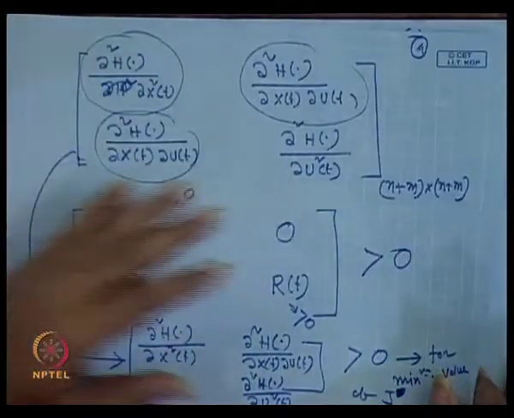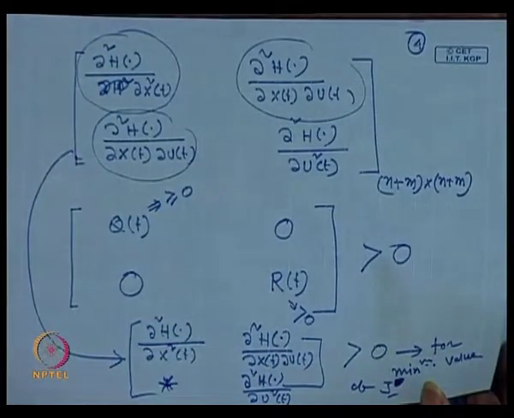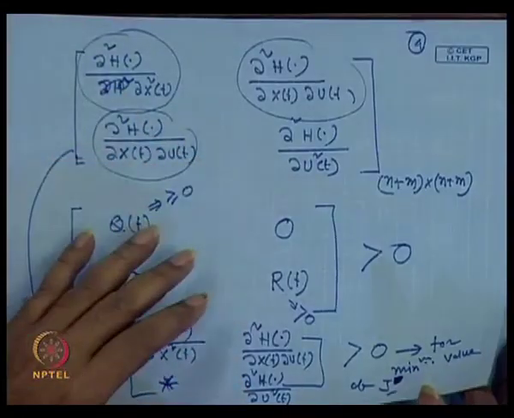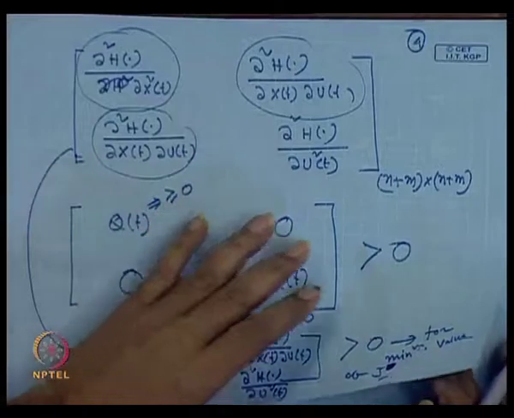So, this is the necessary condition. So, if you select Q positive semi definite and R positive definite, this ensures that we will get the minimum value of the functional.